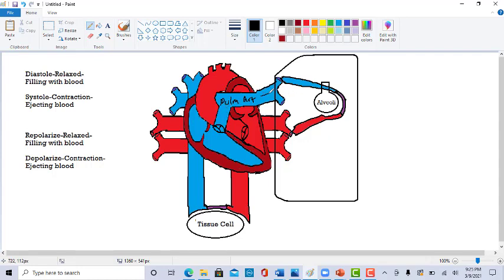It goes through this large pulmonary artery and eventually makes its way into an arteriole, which is just a smaller artery. That's all that little O sound at the end means. It is then going to go to a capillary.